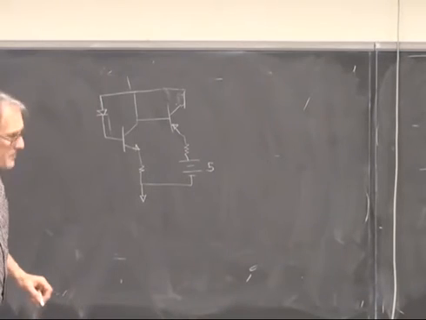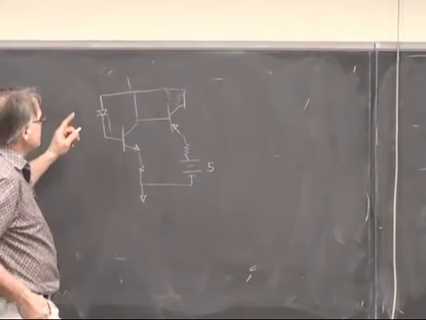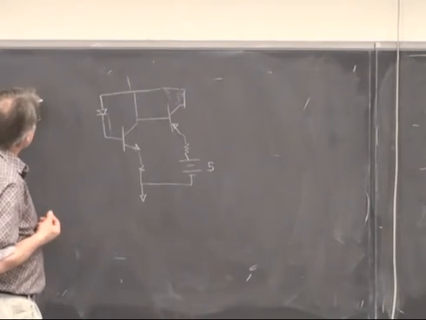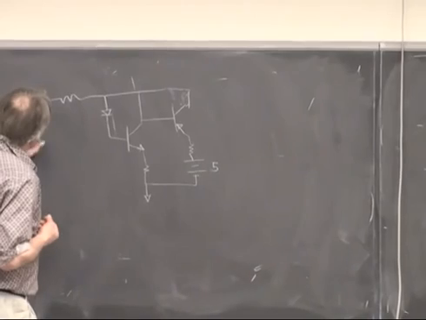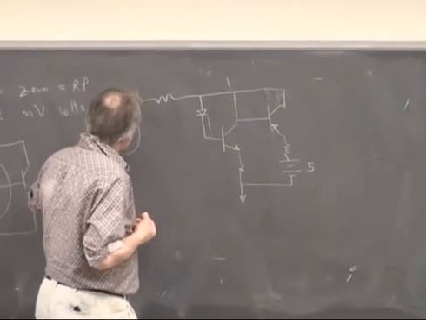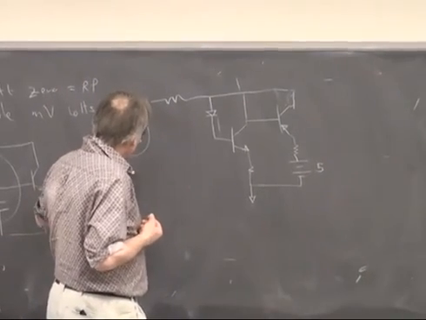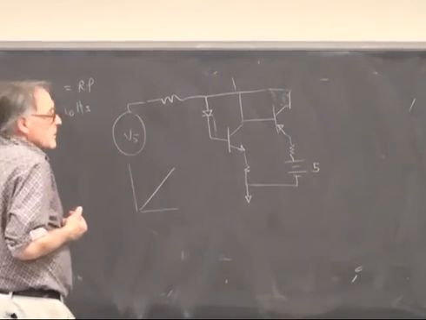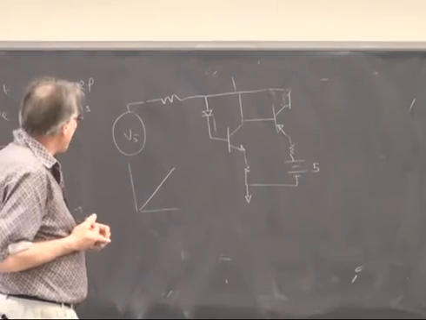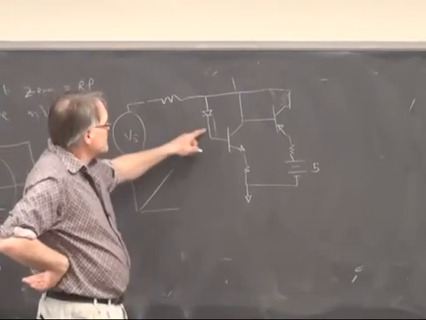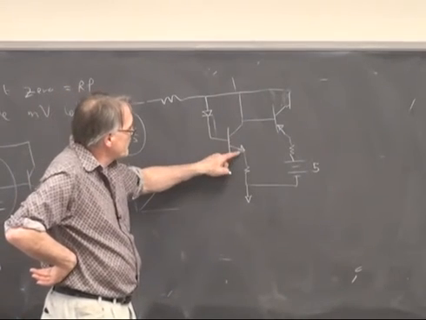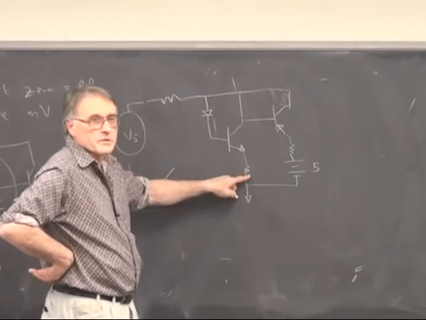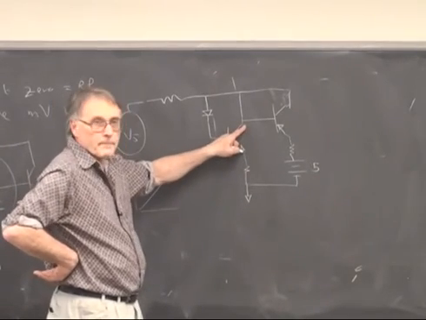So what happens as we ramp up the voltage here? Let's say we were to have a resistor here and apply a stimulus voltage, which is a ramp. As we start up the ramp, this transistor is sooner or later going to turn on and drop this voltage towards 0 here.